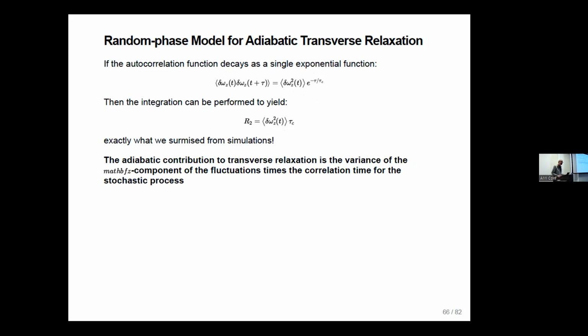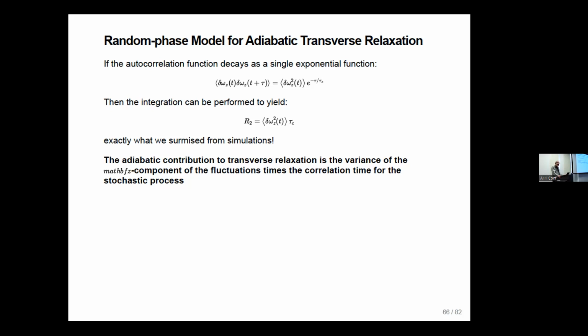That's what we guessed by looking at the simulations. So, oops, something's wrong with the LaTeX. I'll have to fix that. So for a single correlation time process, R2 is variance times correlation time.